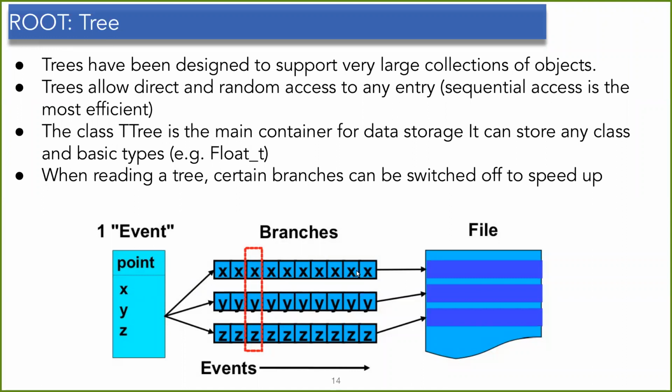The first branch corresponds to the variable X, the second branch corresponds to the variable Y, and the third branch corresponds to the variable Z. Each of these boxes corresponds to the event number. For example, the first set of boxes corresponds to the first event, the second set of boxes corresponds to the second event, the third set of boxes corresponds to the third event, and so on. And you can store it on an event by event basis in the tree.